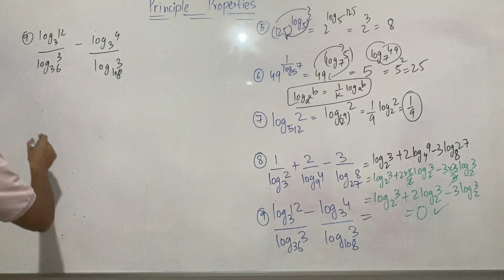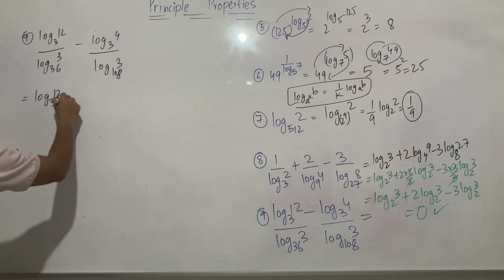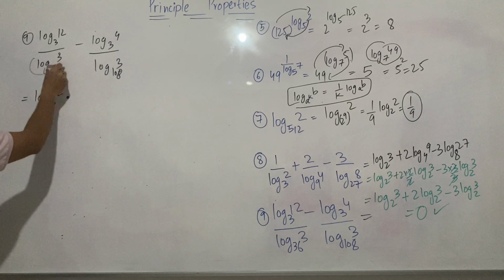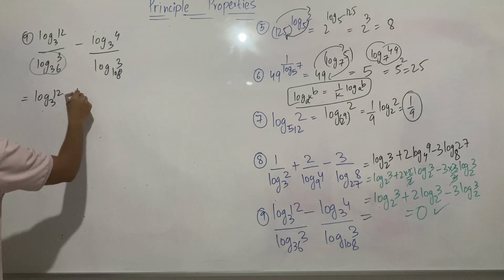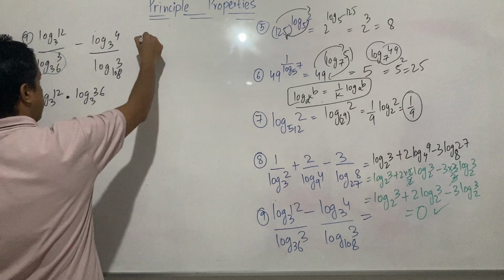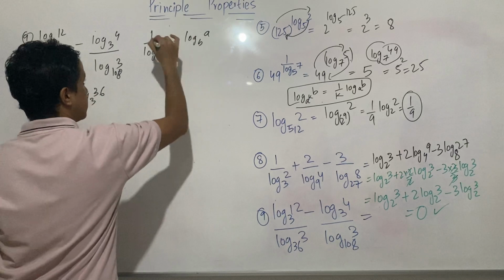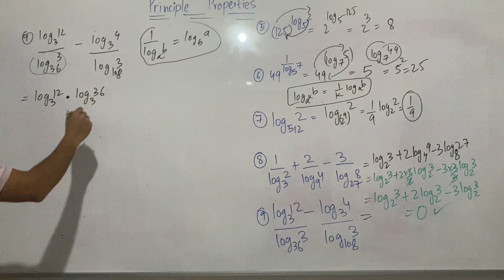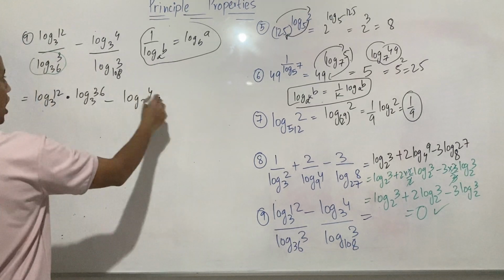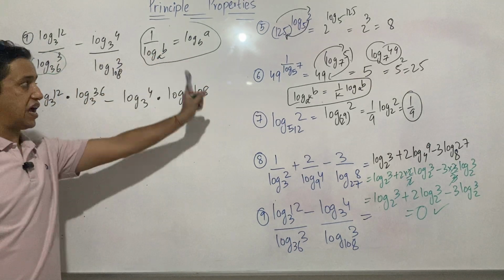So this thing can be written as log of 36 to the base 3. I have used the property 1 by log b to the base a is log a to the base b. Here again, log 4 to the base 3, and this one the same, log 108 to the base 3. Again the same property I have used here.